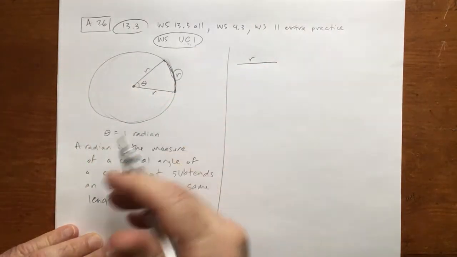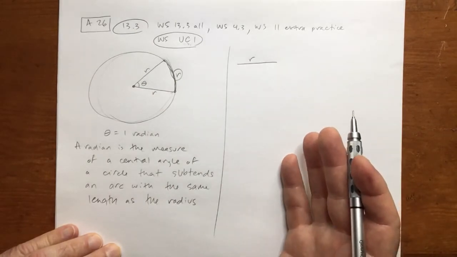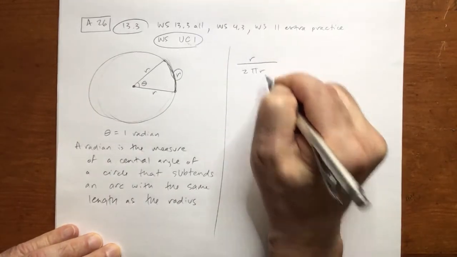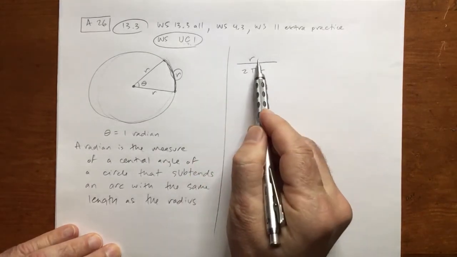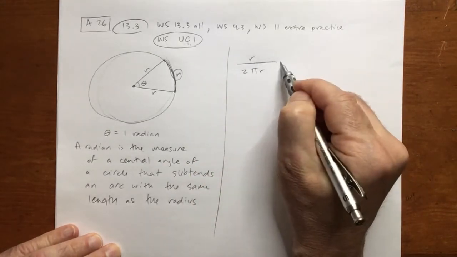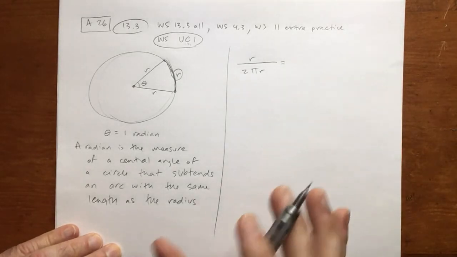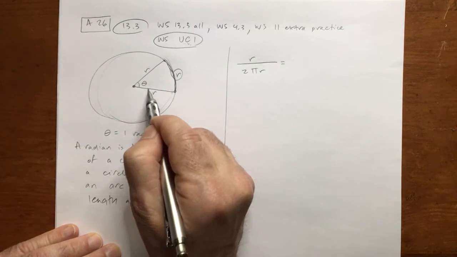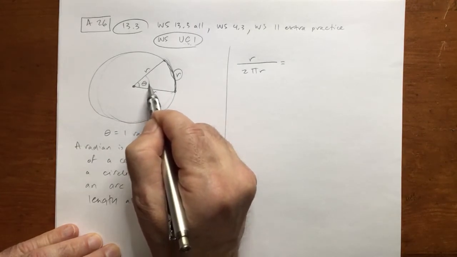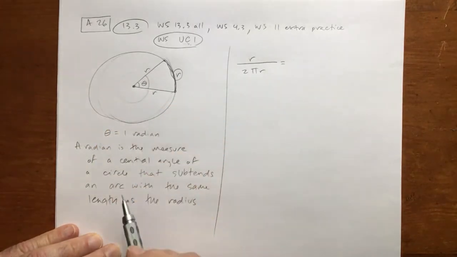The measure around the whole circle, the circumference, is just 2 times pi times r. So what I have here is part of the circle to the whole circle, and I also know this angle right here, in degrees, is just part of the whole way around the circle again.